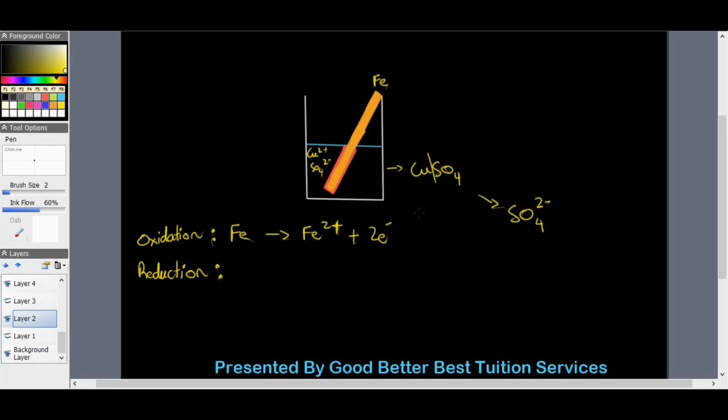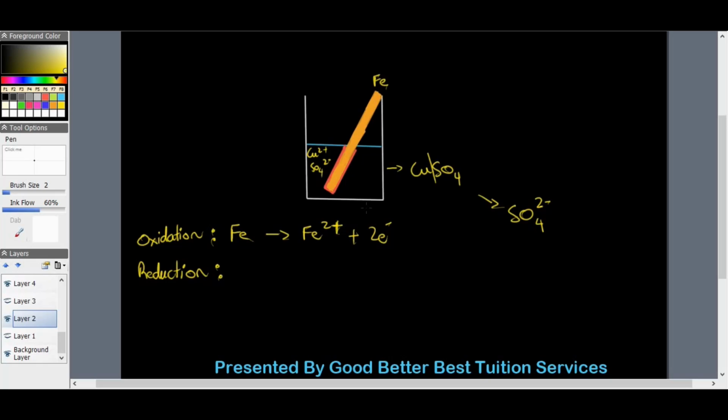Now copper sulfate is in solution, and it's blue. It's a little blue layer over here. If you thought it was water, no, it's copper sulfate. That becomes noticeably lighter. In other words, it loses some of its blue coloration.